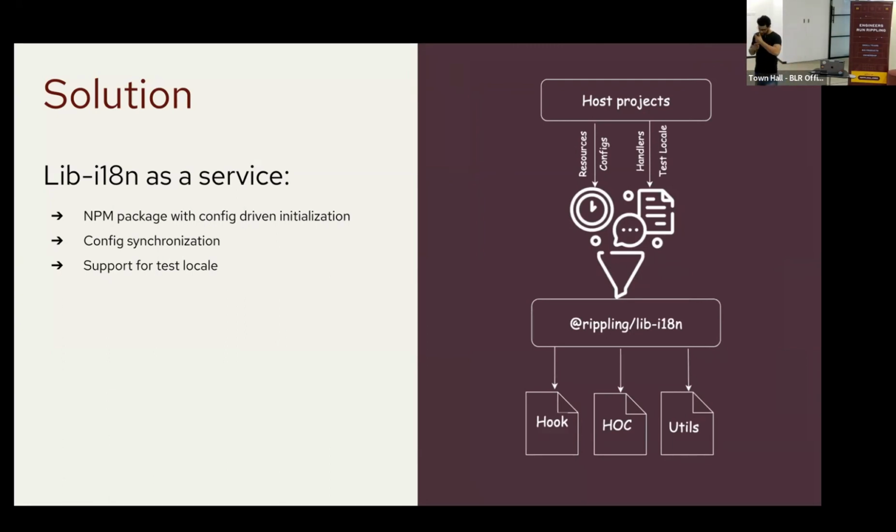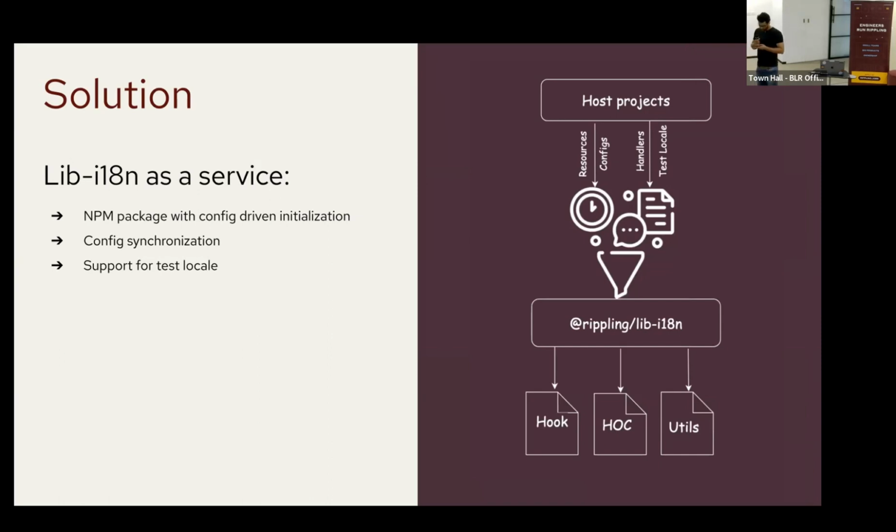We also have something like config synchronization. So let's understand this. At Rippling, we have around 30 different products, and we also have a design system library which all these products use for all our core components. This library should also support internationalization, which in turn uses our i18n library. So we mark it as a peer dependency, so that whenever the host project installs it, whatever configuration it uses for initialization gets respected in any of the direct dependency libraries, in our case the design system.